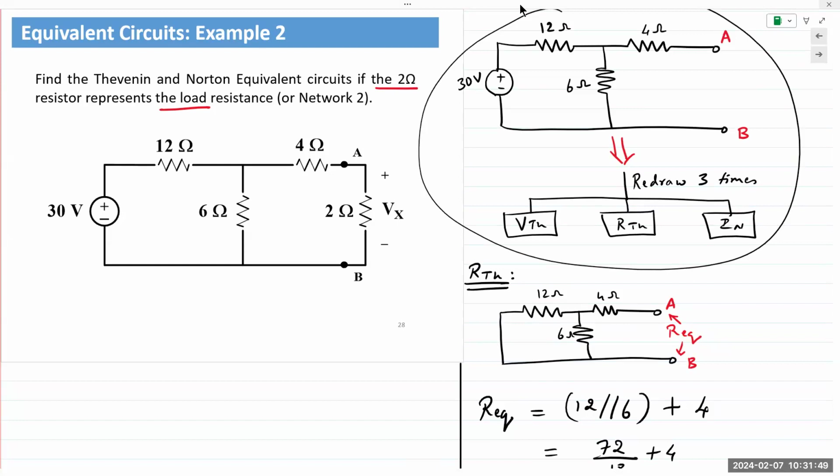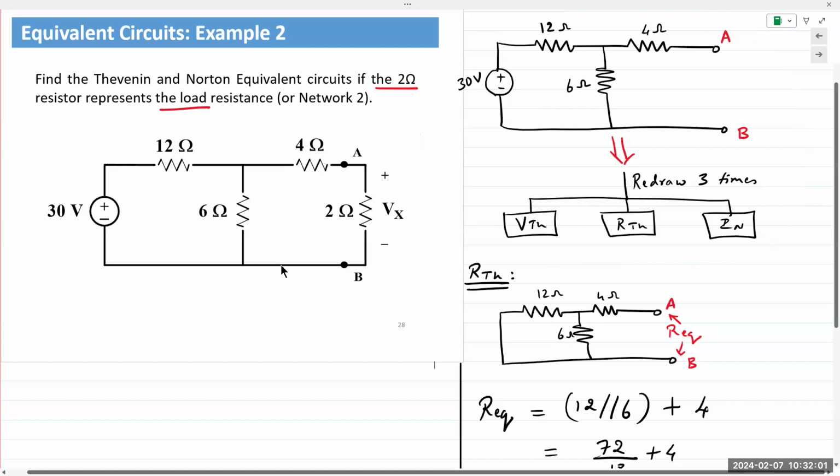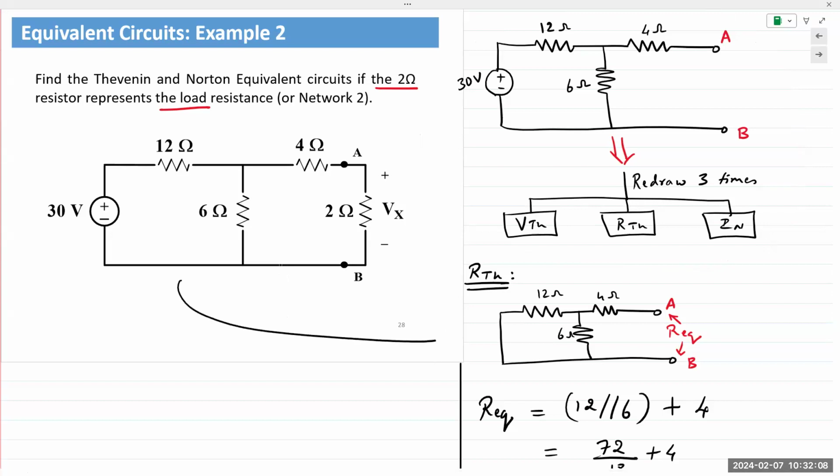You can directly go from this circuit and draw RTH and then VTH and IN. Does that answer your question? And this is also how most books will have the analysis. You simply take the original circuit, redraw it for RTH, and not show the 2-ohm resistor.